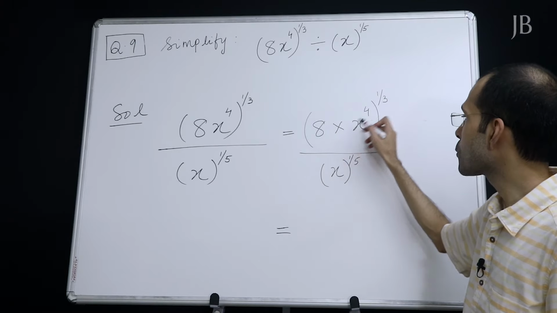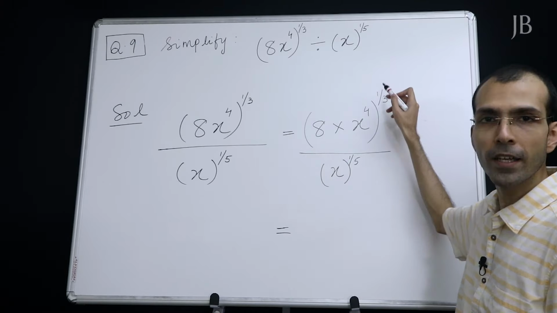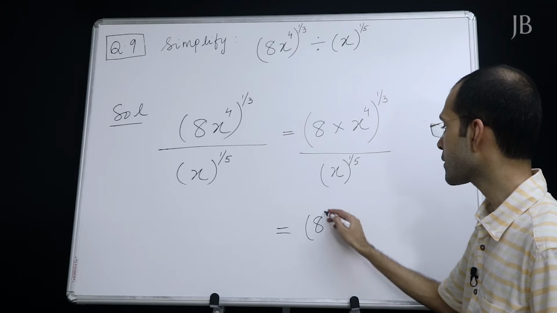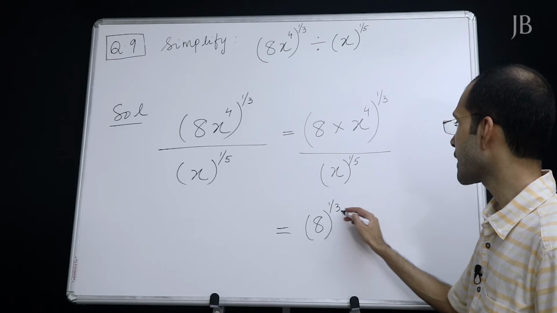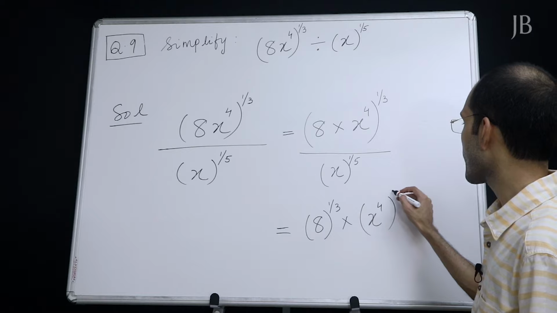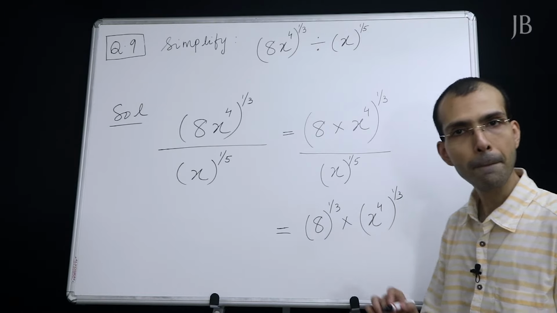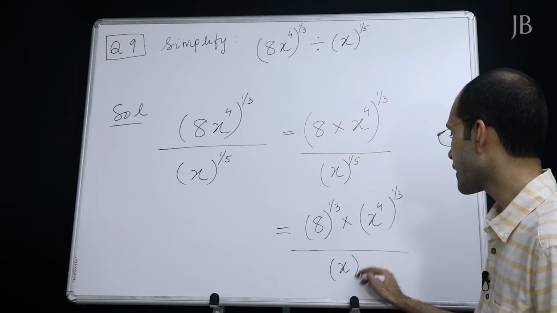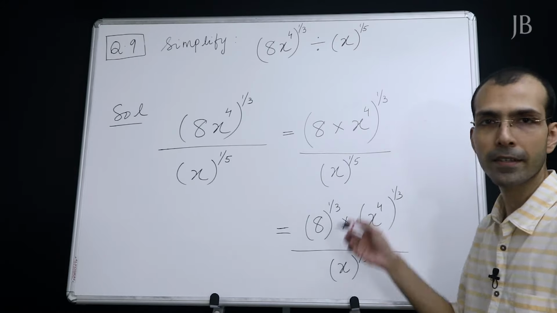A into b, the whole raised to m, so that is a raised to m into b raised to m. So give the powers to both. 8 raised to 1 by 3 into x raised to 4 raised to 1 by 3, the whole divided by x raised to 1 by 5 will remain as it is.